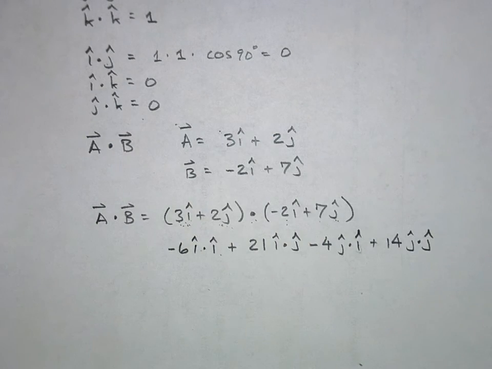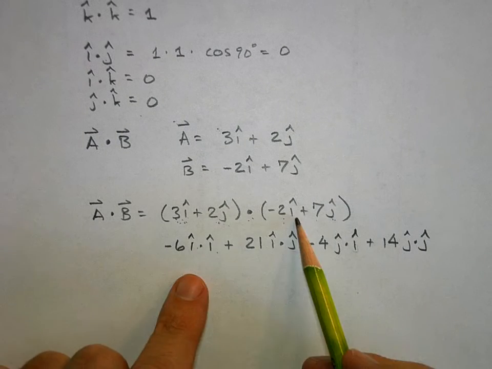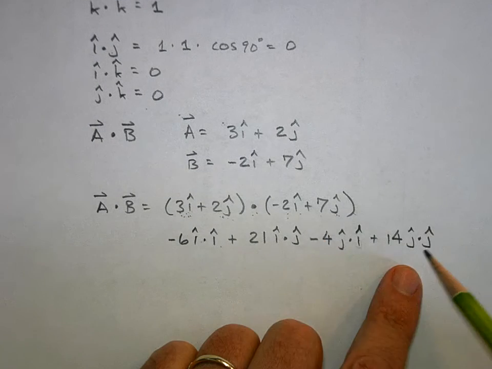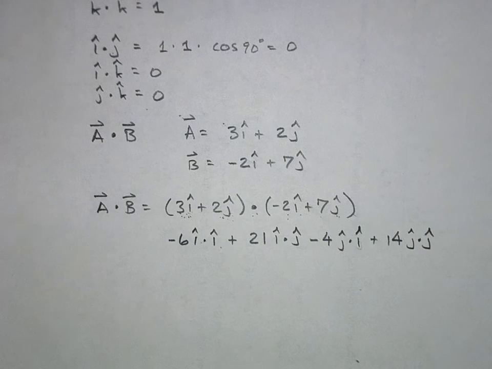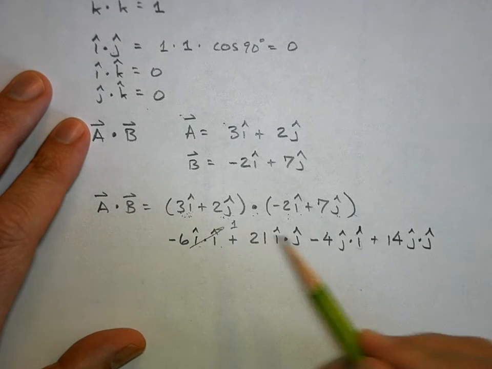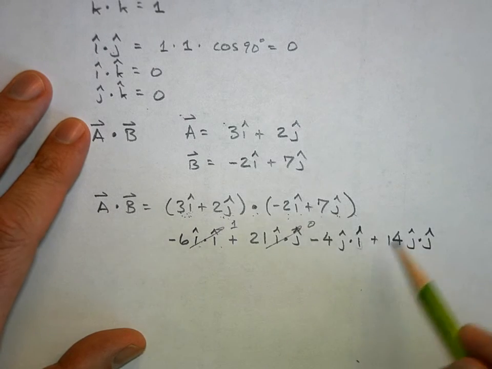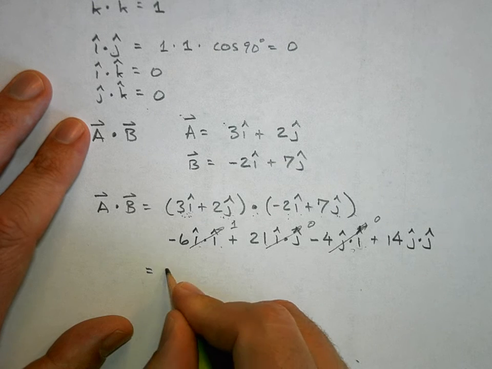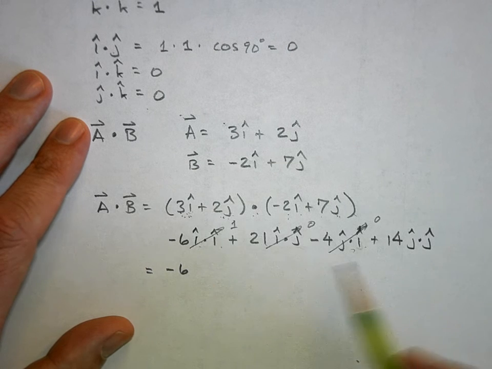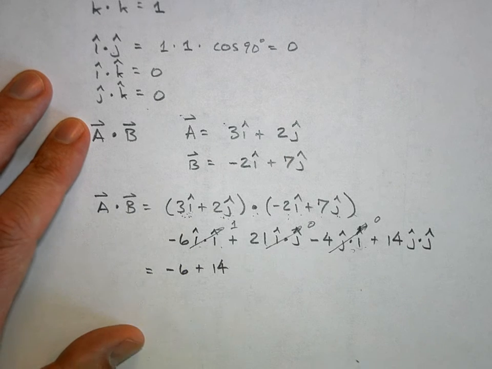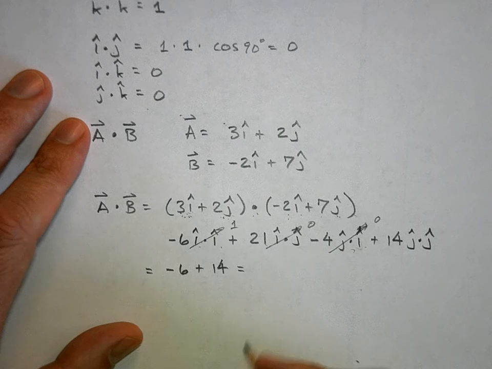Okay. So i dot j, j dot i, thank you, and then j dot j. Well, i dot i is just equal to 1, but this is equal to 0, and this one's equal to 0. So these terms just go away, and we're left with negative 6 plus 14, and that should be equal to 8.